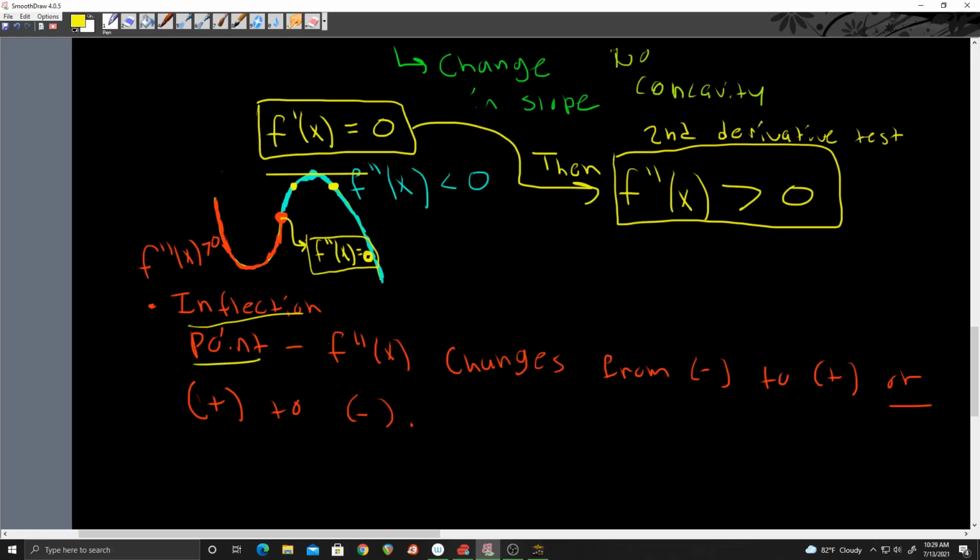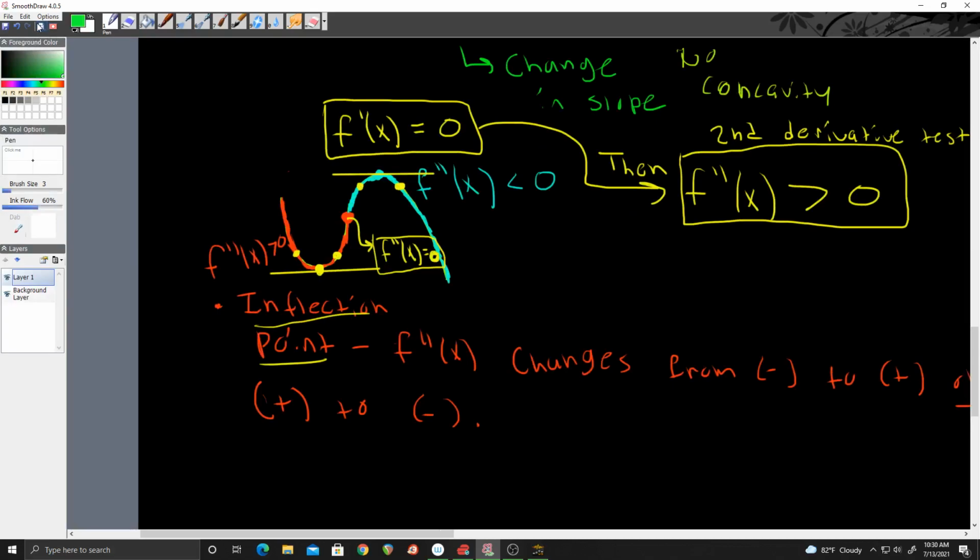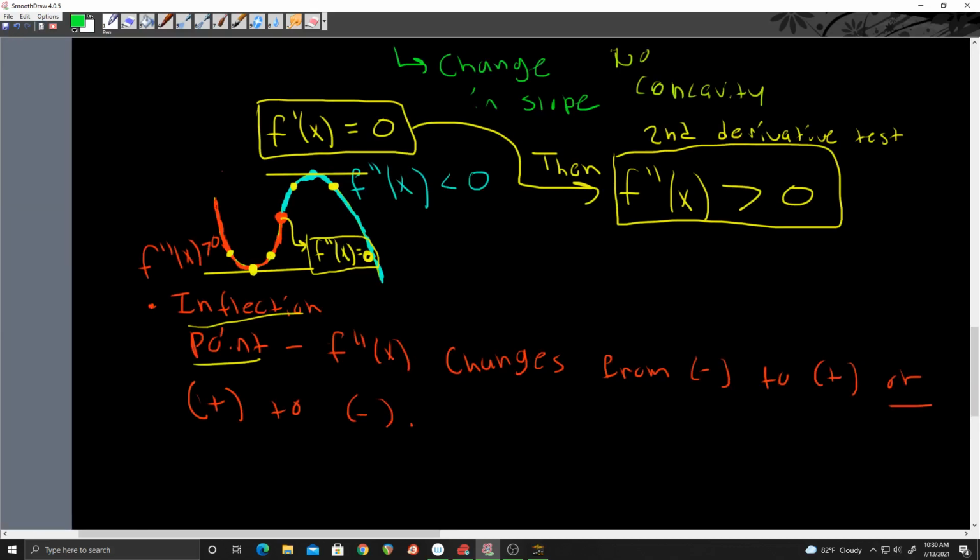Okay, and likewise down here, look here. Right here, the first derivative, the slope, is exactly zero. And we can use the first derivative test. In other words, we can show that the slope is negative here and that the slope is positive here, or alternatively, we can make note of the fact that the second derivative is positive here.